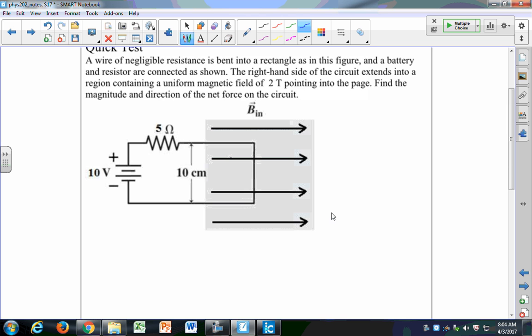On your test, if you see the force on a current carrying wire, it'd probably be more like this instead of doing a cross-wise, since we've already done that.